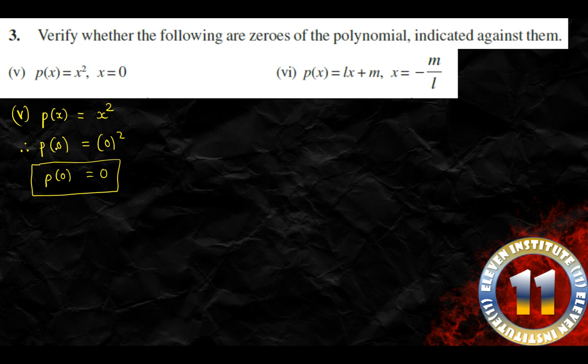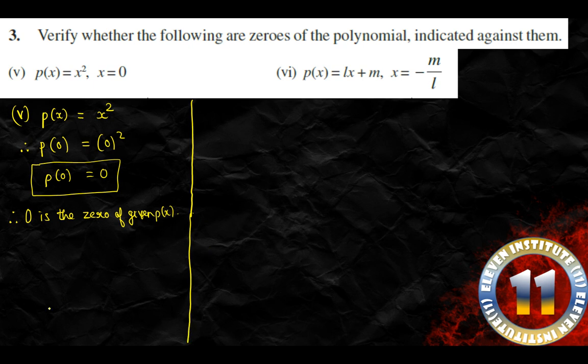So by putting the value 0 we get the answer also 0. So I can write therefore 0 is the 0 of given polynomial with variable x. I hope you don't have any doubt in this.